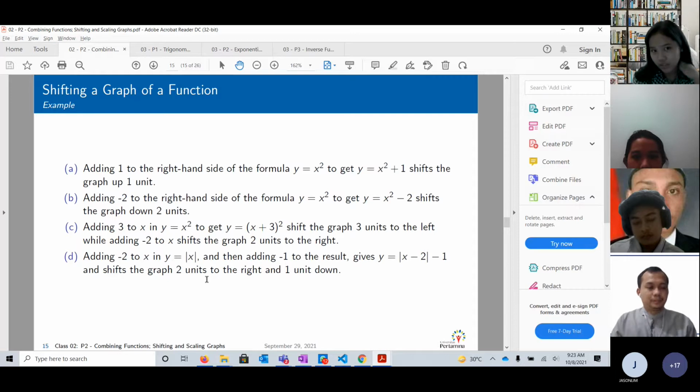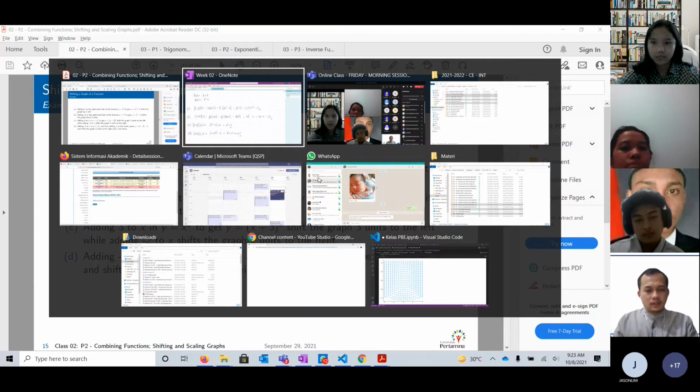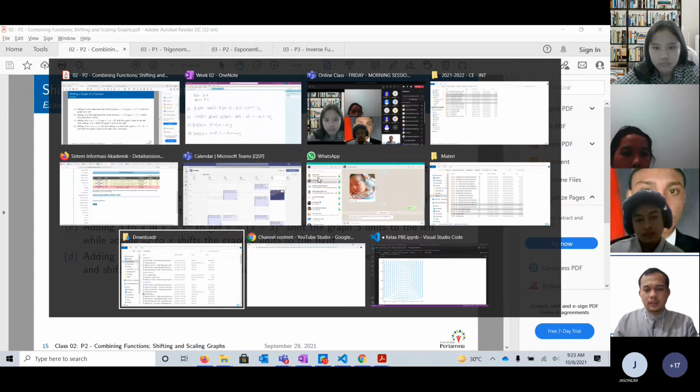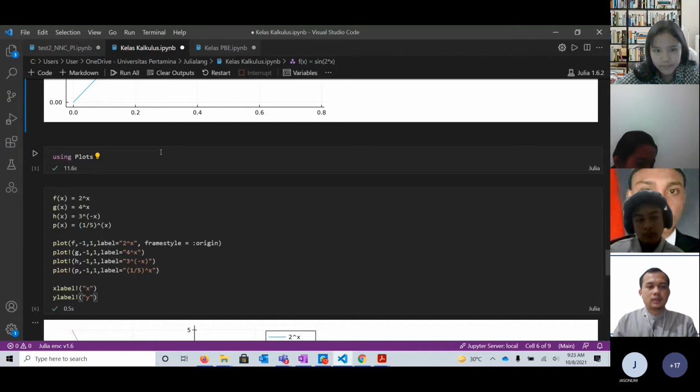For example, now if we have y equals x squared, let's see.